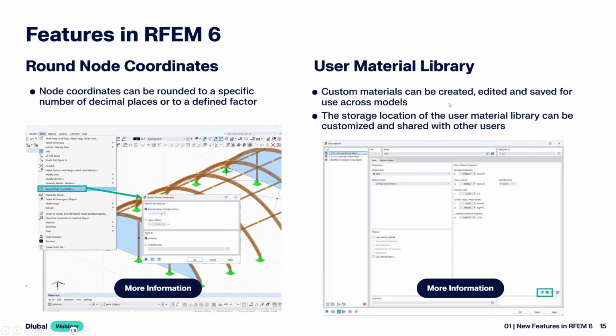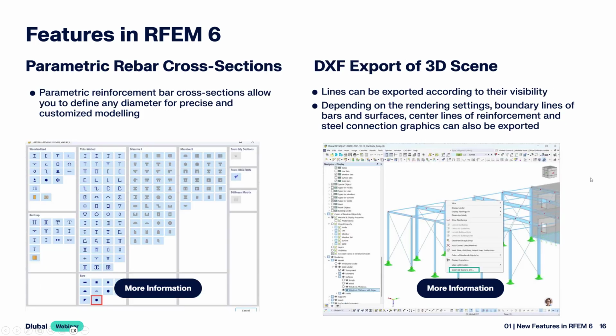For example, you import material from the database and change it according to your material, what you like to define. Then parametric rebar cross-sections is also new. Then you can export DXF of a 3D scene. What you set in RFEM will be supported. I will show that also in the program.